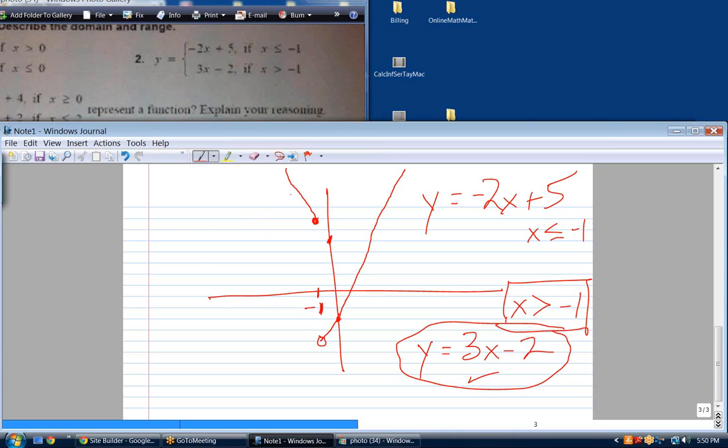That's how this piecewise function graphs. In other words, this part is -2x plus 5. This part here is 3x minus 2.